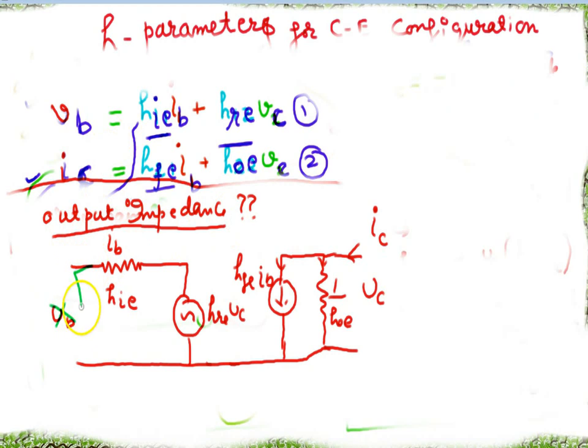For finding the output impedance, the input terminals are shorted and the load resistance is replaced by the collector voltage source. Load resistor is replaced by a source of collector voltage. So RL is replaced by VC.